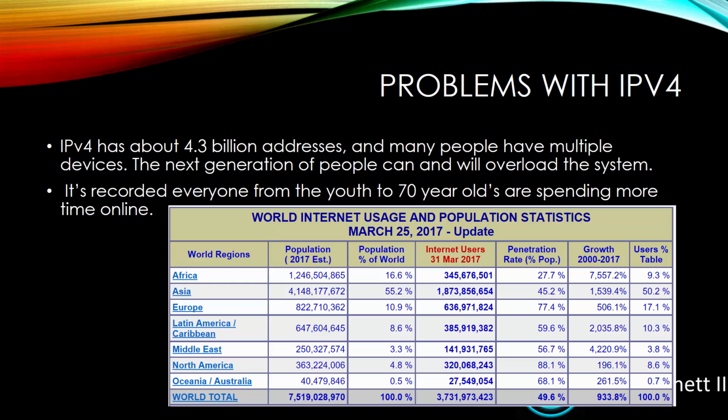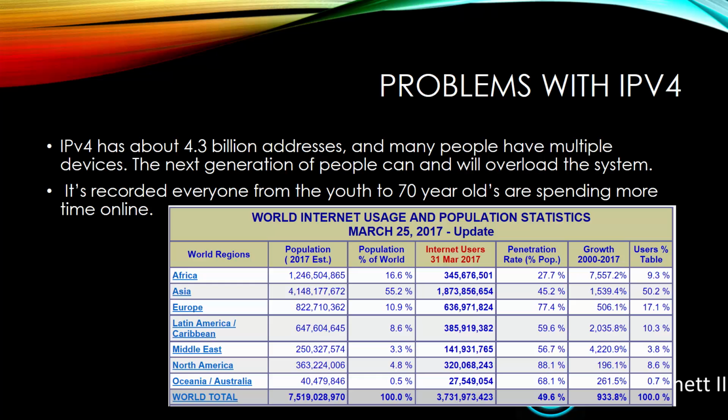We're getting fairly close to that. Many of the users have multiple devices, and the next generation of people is supposed to be fairly close to double the people that we have in the world.